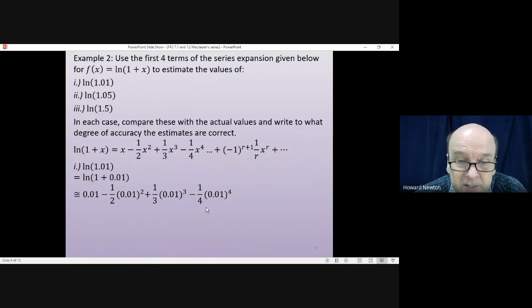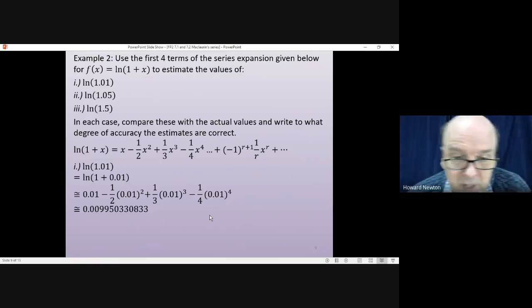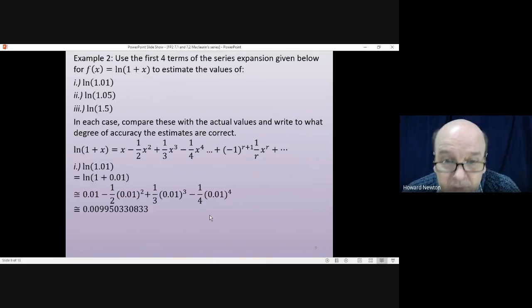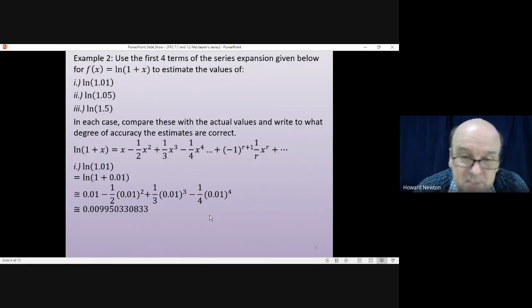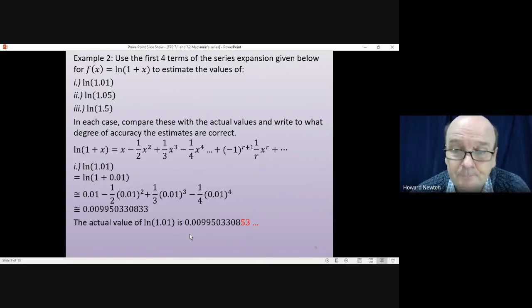And if I put all of that into the calculator, then I'd get 0.0099503308333. And there is a reason why I've written so many numbers in the decimal. It's because if you work out the exact value of the log of 1.01 using your calculator, then what you get is this. And it's the same as the estimate to a surprising degree of accuracy.